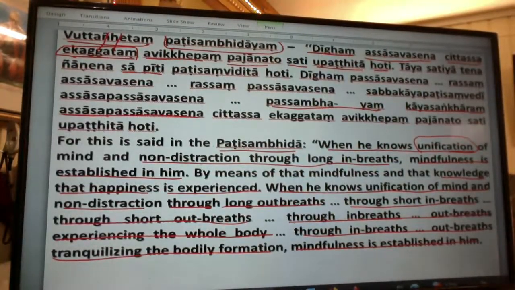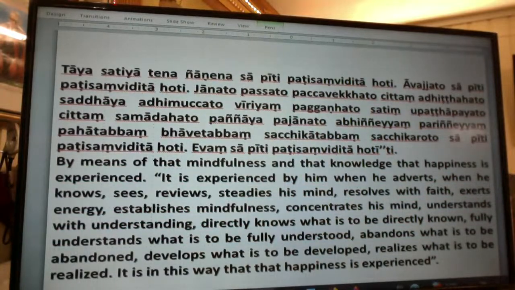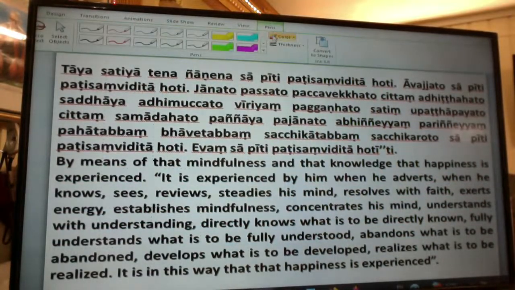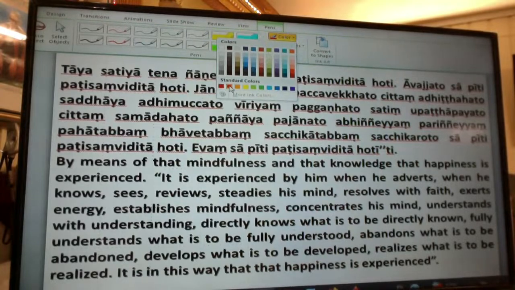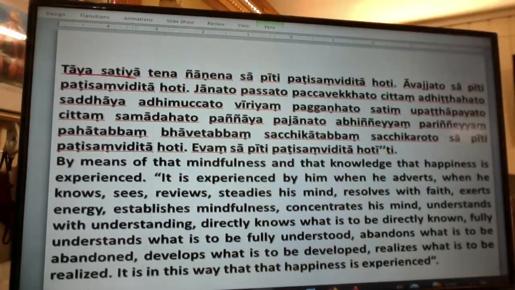Okay, so the Pali continues, not finished yet. The Vipassanā Pali is Teya Sadiya Dena Jnanena. Very similar. Sabidi Vipassanā Hodi. So Teya Sadiya is very powerful mindfulness.